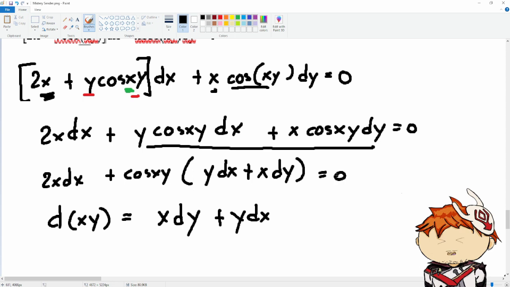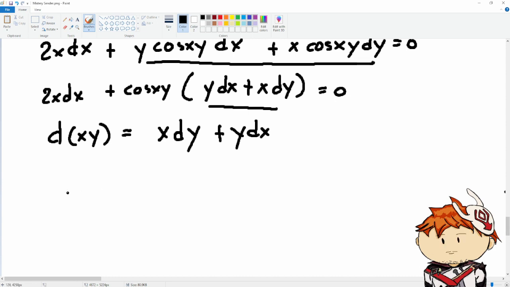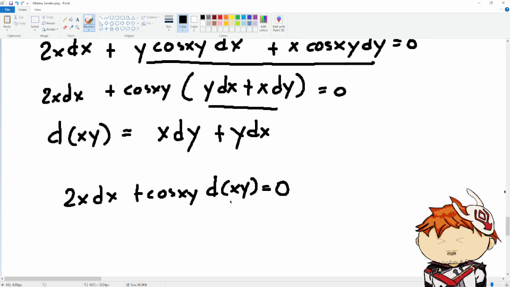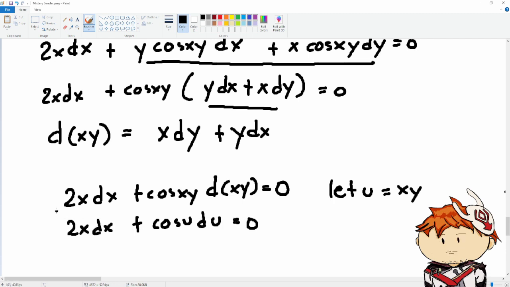Meaning, these two terms are a product rule. 2x dx plus cosine xy times the differential of xy is equal to 0, and we can simply let u equal xy, meaning this is cosine u du plus 2x dx equals 0. And we can integrate that very easily.